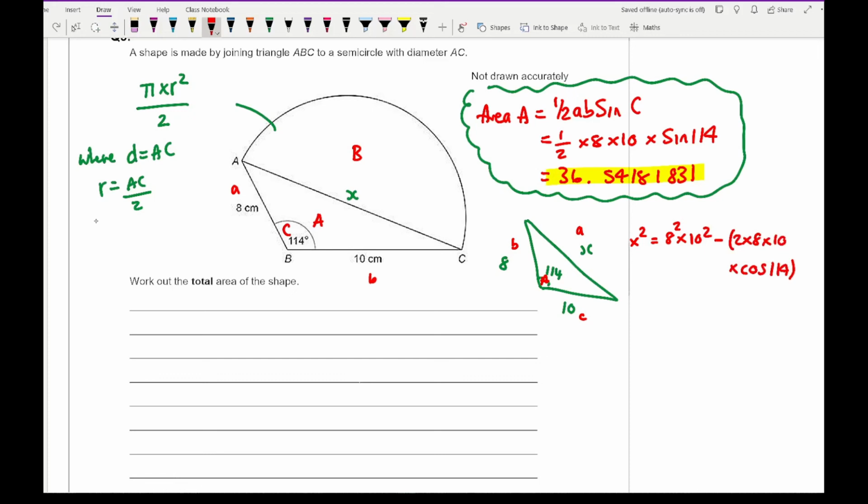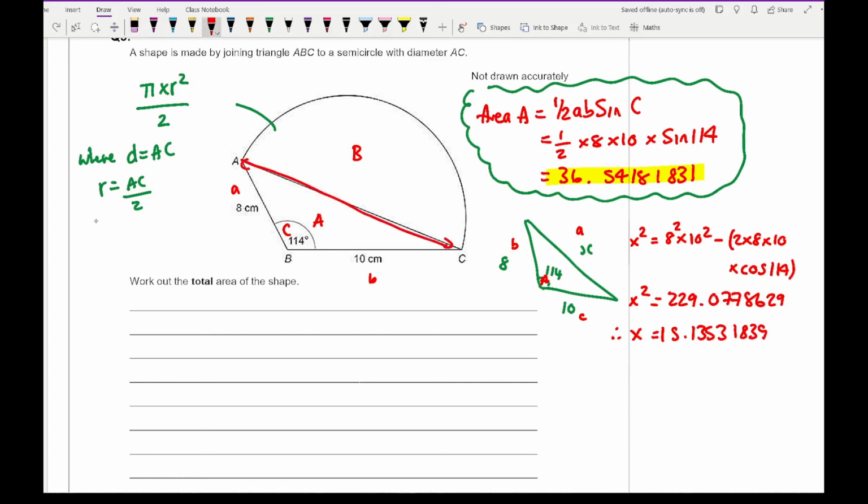If I type that into my calculator, I get an x squared value of 229.0778629. Square root that, so x equals 15.13531839.